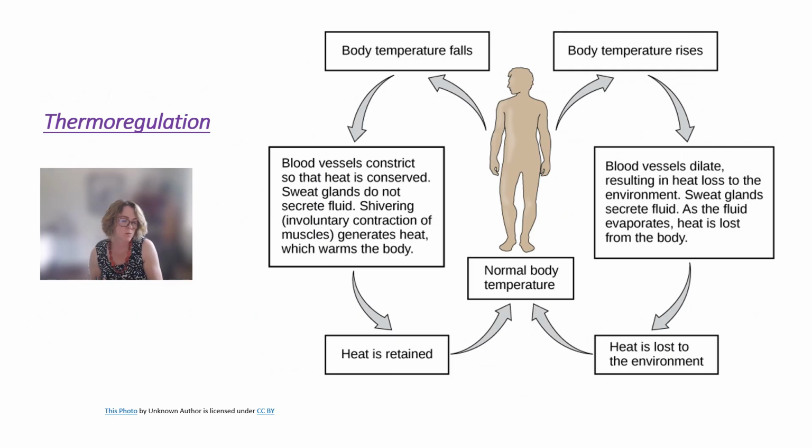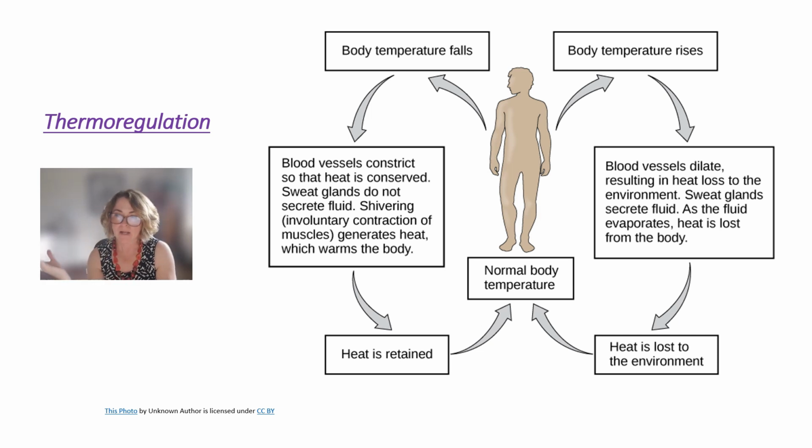So the last piece we're going to talk about is how the body regulates its temperature. So the body is in a constant state of keeping itself at equilibrium, so homeostasis. And so the body is going to try to regulate our temperature so that we don't get too hot or too cold. Right? We want to stay right in that sweet spot for our temperature.